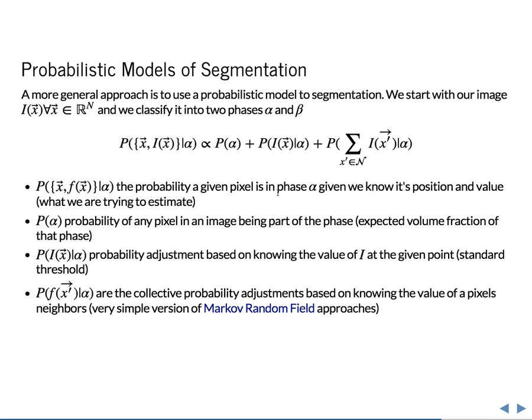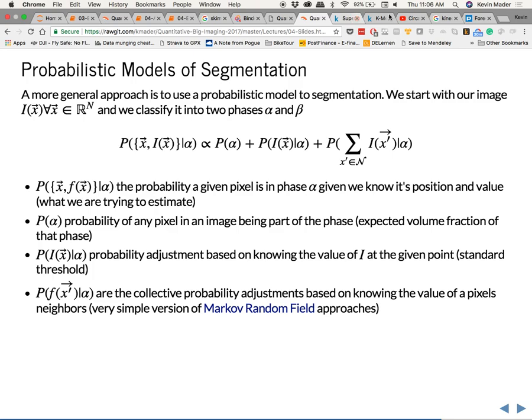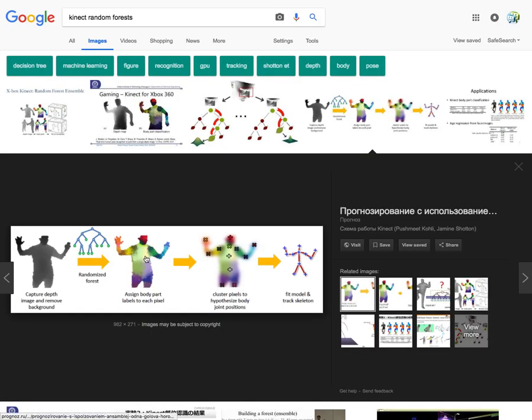These techniques are becoming less and less popular because they're very difficult to set up. They're often not very transferable between different types of problems. And so if you come up with this whole probabilistic model for segmenting this one image, that's not necessarily usable for now classifying an X-ray or a CT scan because it's very much designed for the specific problem.